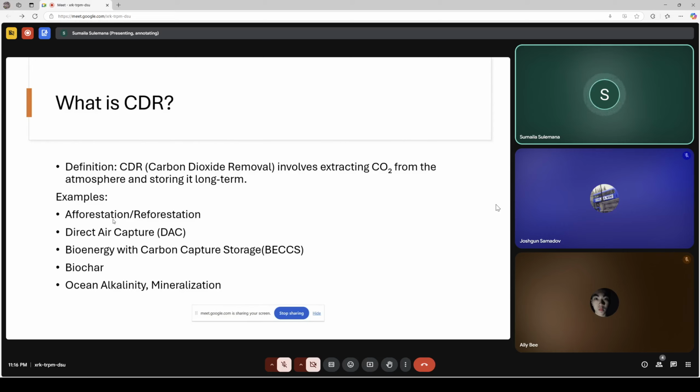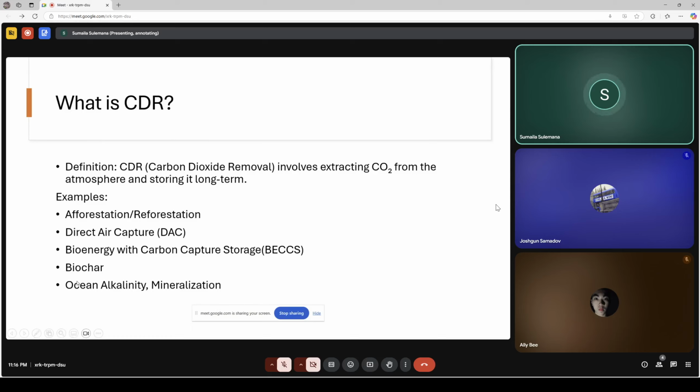What I mean by that is it captures CO2 from the atmosphere naturally, even without human intervention. However, it depends on certain factors, including the alkalinity of the ocean. So trying to increase the alkalinity in the ocean is a way of boosting the process of CO2 capture.